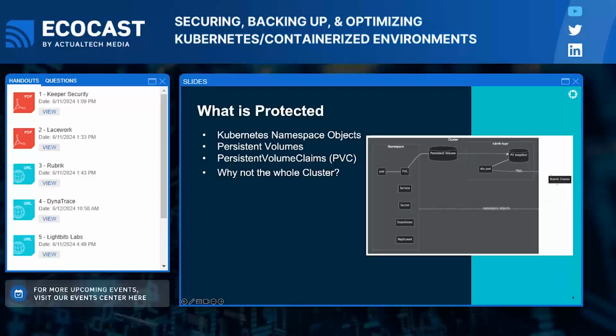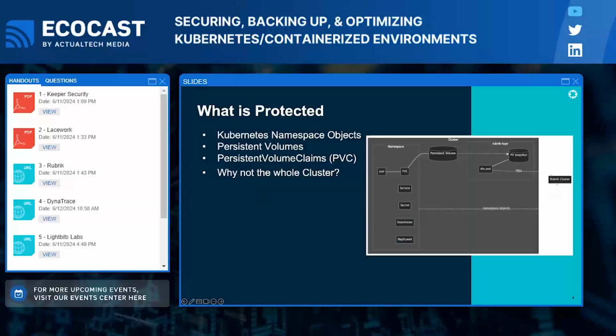We do have some cluster configuration that could be backed up. We can talk about that a little bit. Overall, protecting the underlying virtual machines, for instance, that are powering the Kubernetes cluster, running the Kubernetes cluster, is generally not going to end up in a clean restore. That's because these containers could be running on any one of those worker nodes.